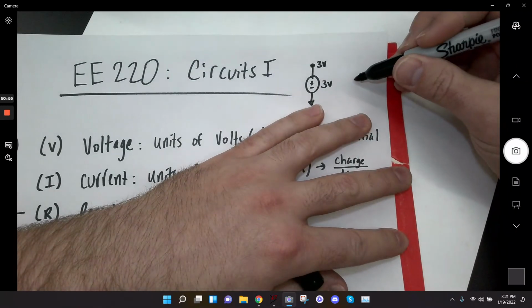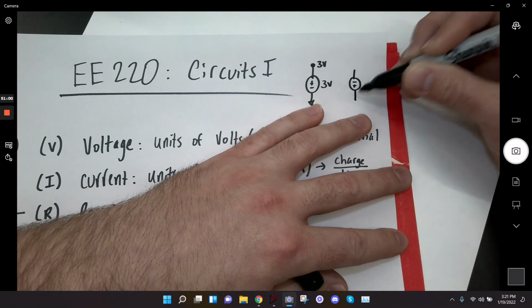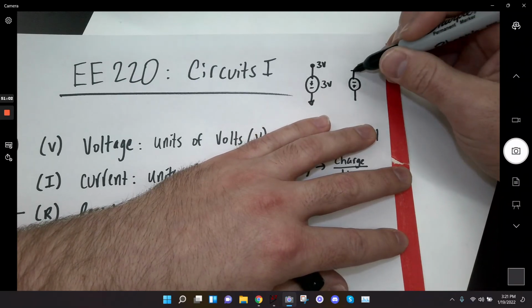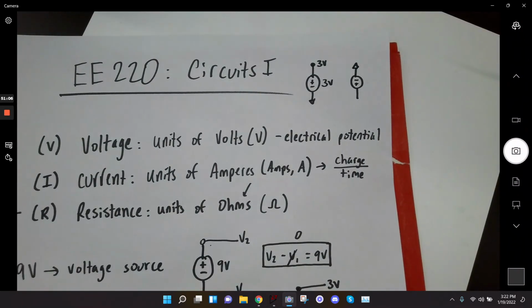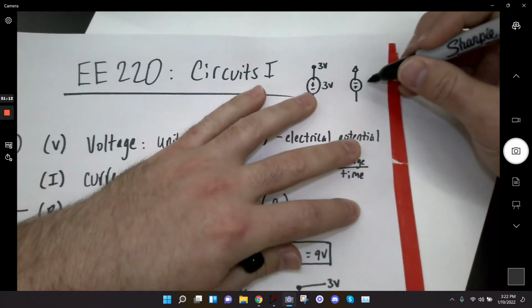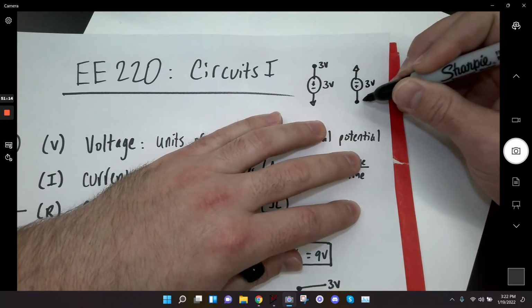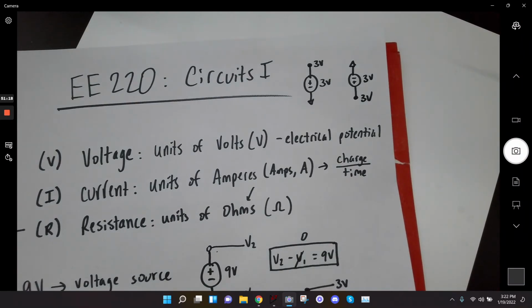If I flip this, now I'm drawing exactly the same circuit, but upside down. If I put ground right here, some people might be tempted to say, oh, ground's up top now. It doesn't matter. Ground is still connected to the minus terminal. So if this was a 3-volt battery, this is still 3 volts. That's all I want to get across: the orientation of the diagram doesn't matter. What matters is the connections.